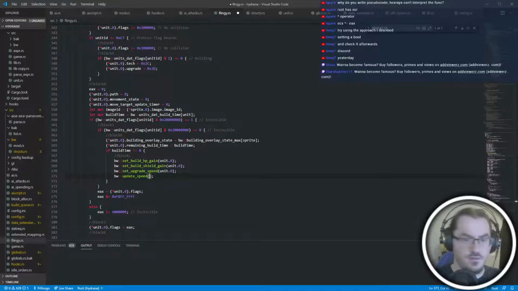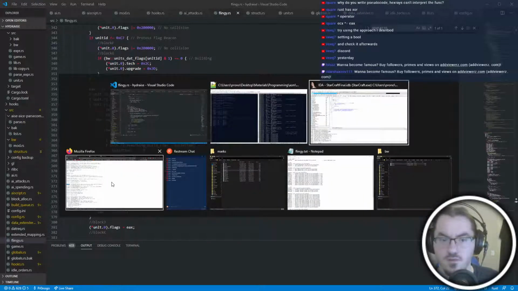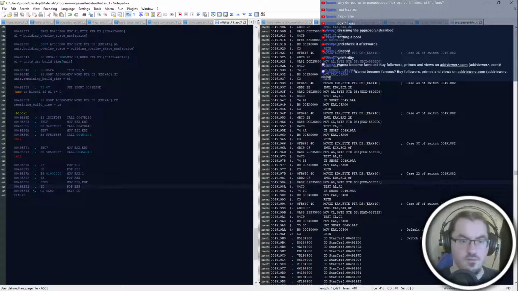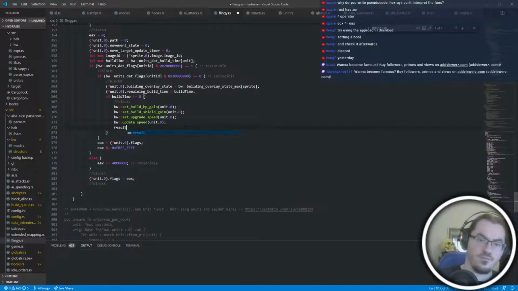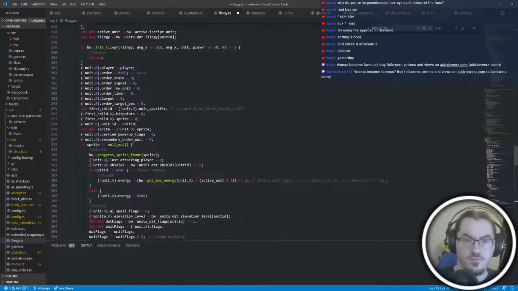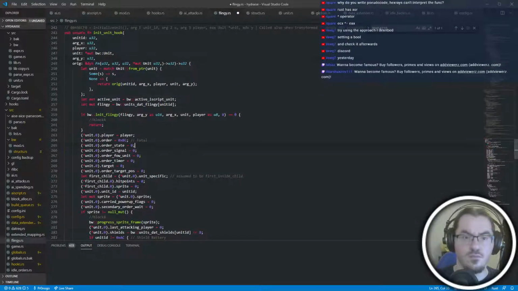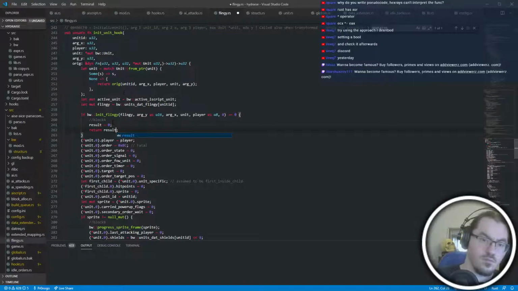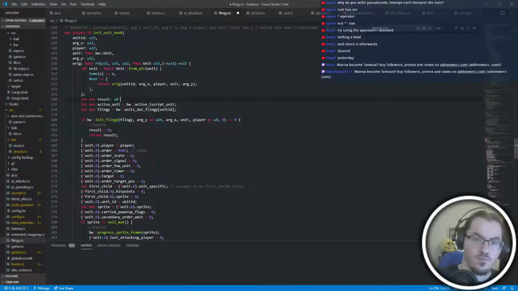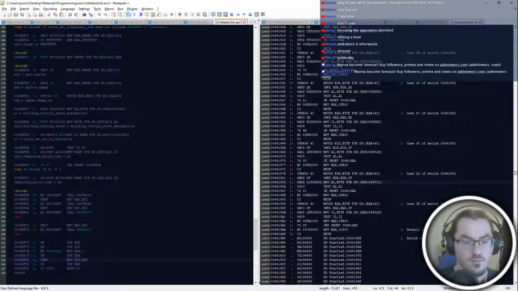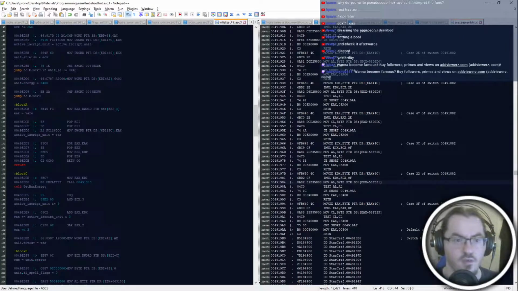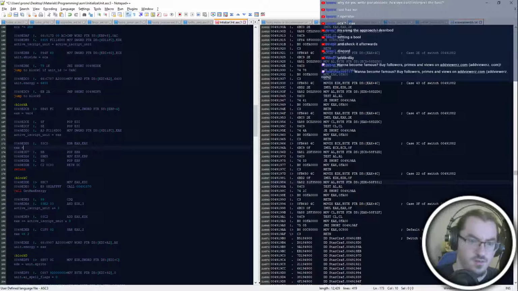And this is unit 0. No, I forget where the other return was anyway. Yeah, it sets x equals 0.